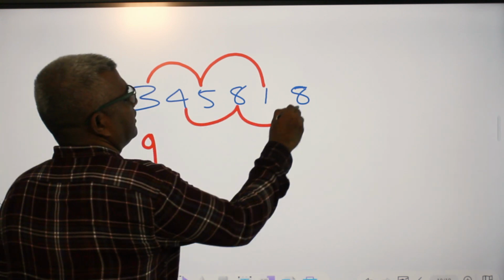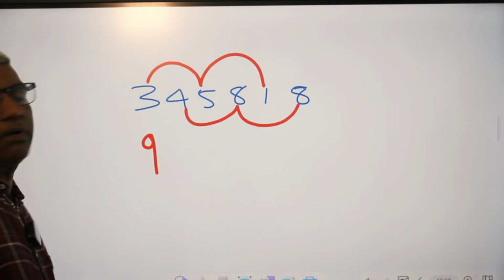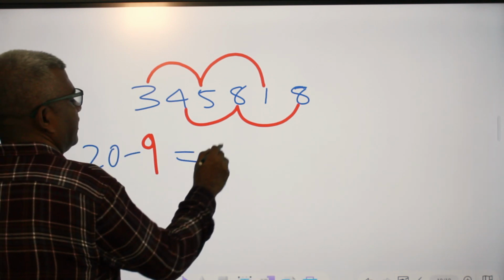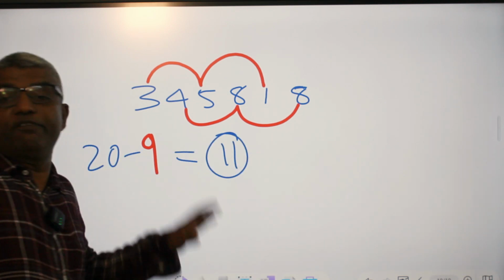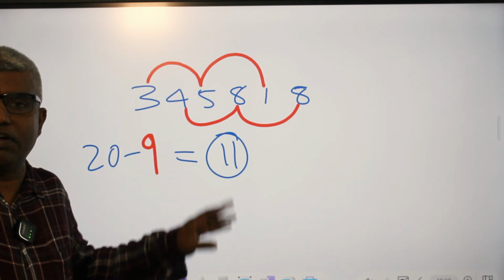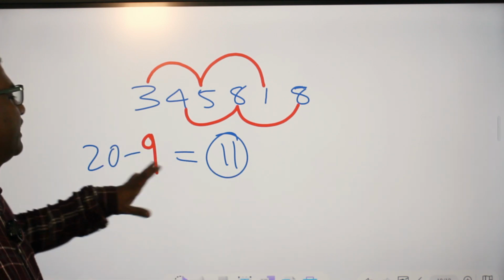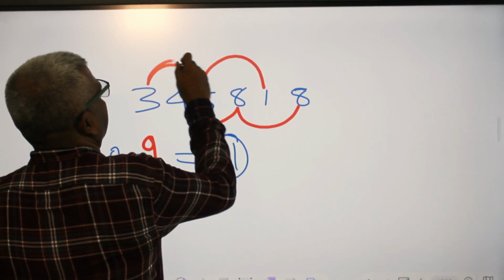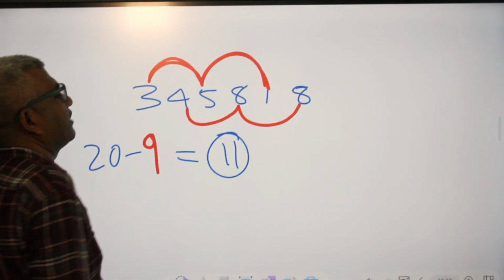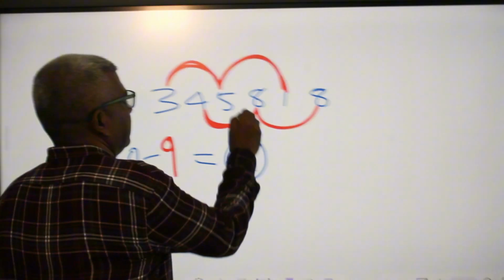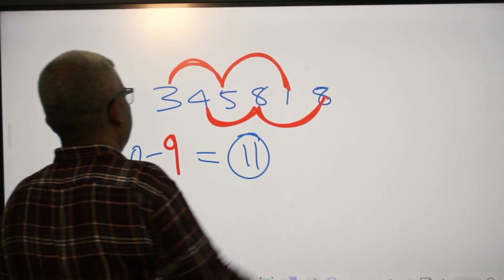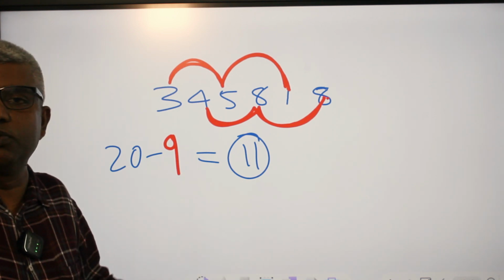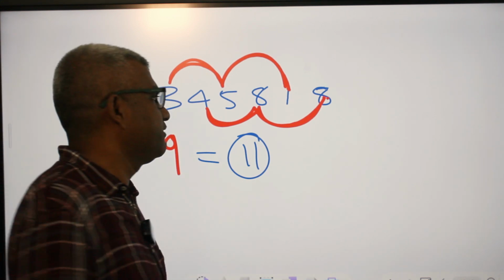Here add all the other digits. 16 plus 4 is 20. 20 minus 9 is 11. If the difference is either 0 or 11 or 22, then that number is divisible by 11. You understand? Just add alternate digits this side. Okay. Then subtract. The difference should be 0, 11, 22, 33. Then the number is divisible by 11.